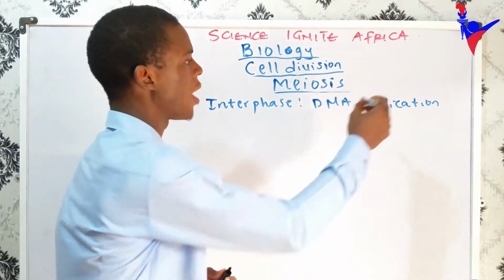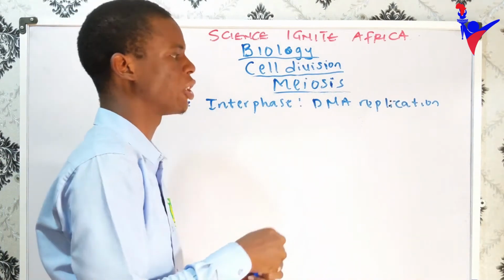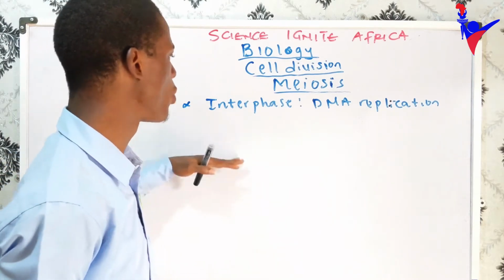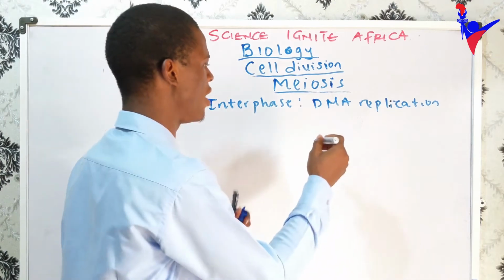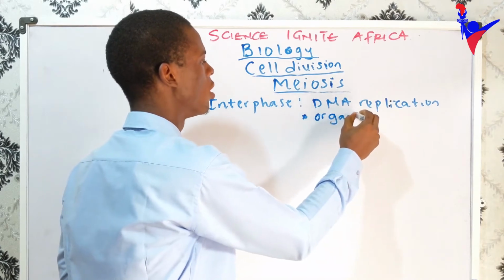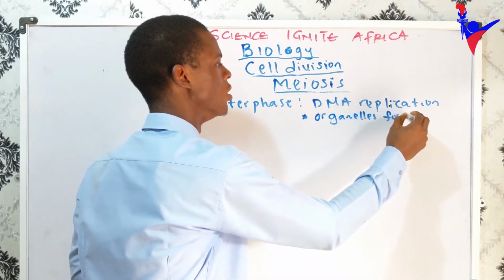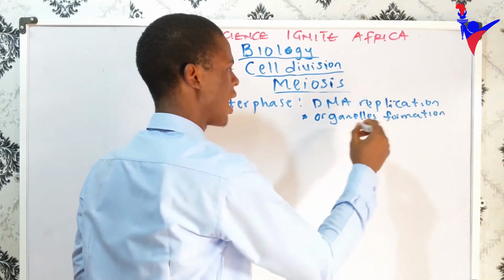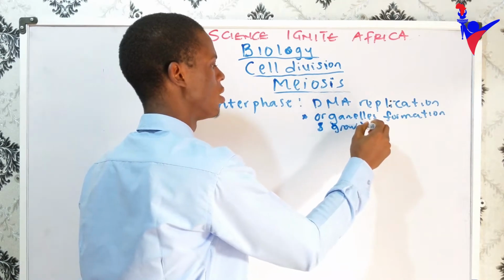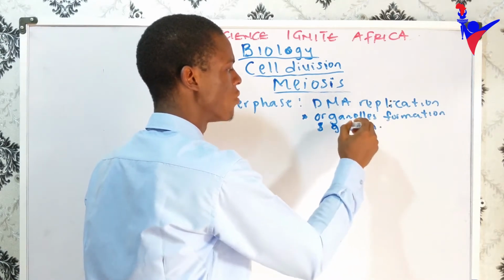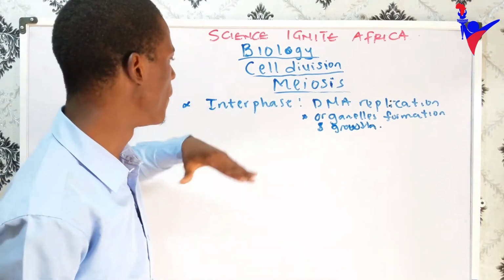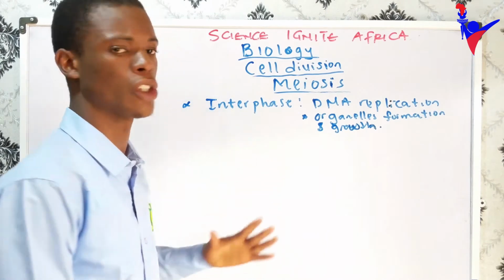And like we've said, we have DNA replication. We have the replication of the DNA in preparation for what we know as the prophase stage. So after the DNA replication, we also have organelle formation and growth. So we have the growth of the organelles that we need in the prophase stage in meiotic division or mitotic division.